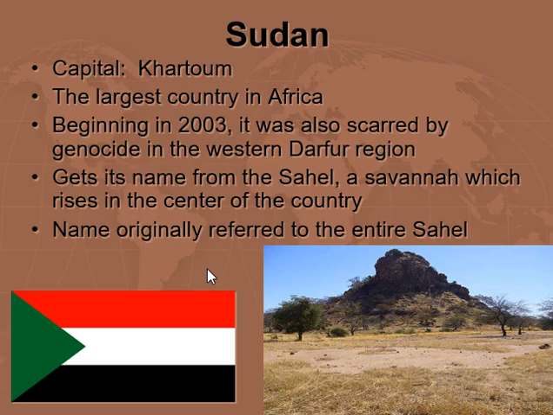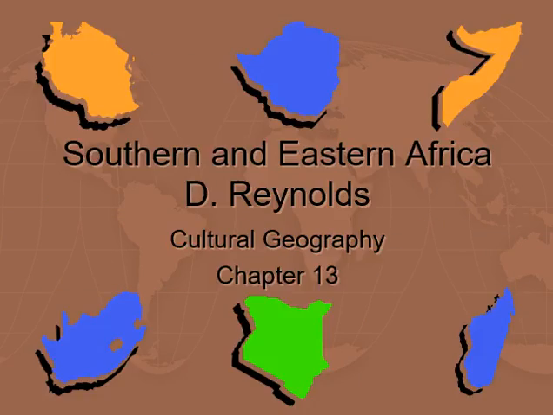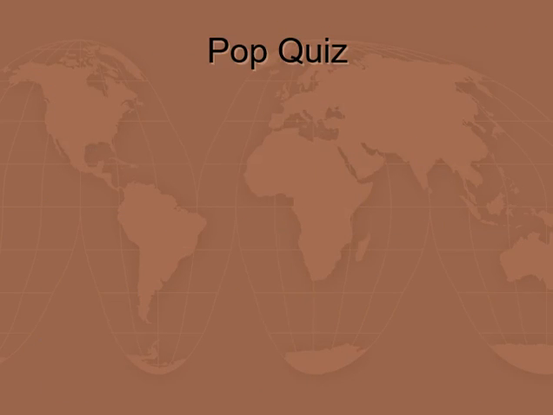This concludes chapter 13. If you guys need to hear anything over, make sure you rewind the video. We're going to move on and take a quick pop quiz. Number 1, true or false? The lowest spot in Africa is the Danakil Desert. Number 2, what is the common language of people on the east coast of Africa that developed long before European colonists arrived?